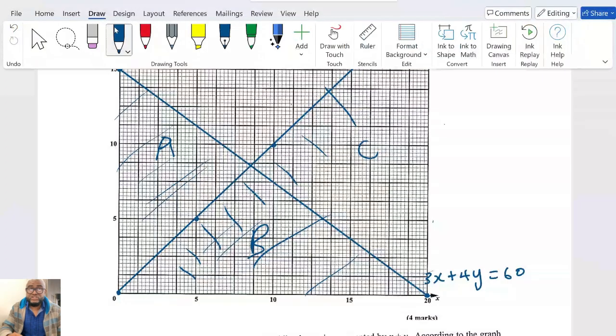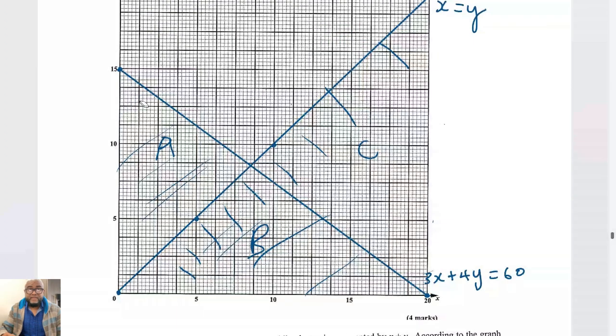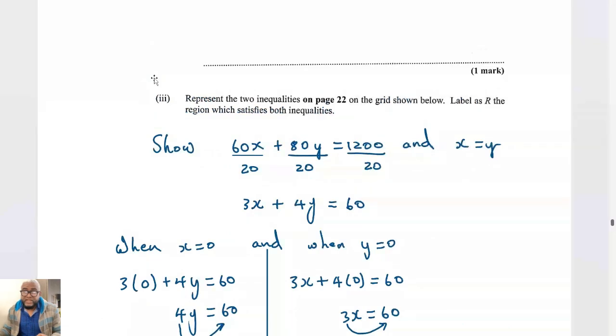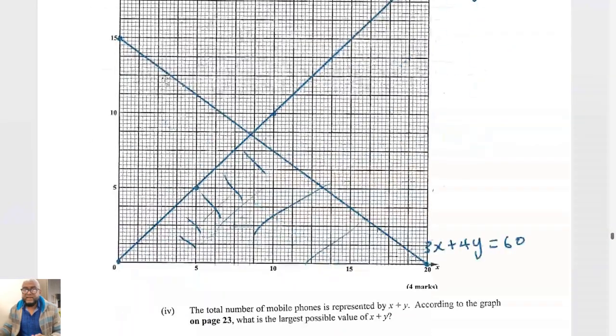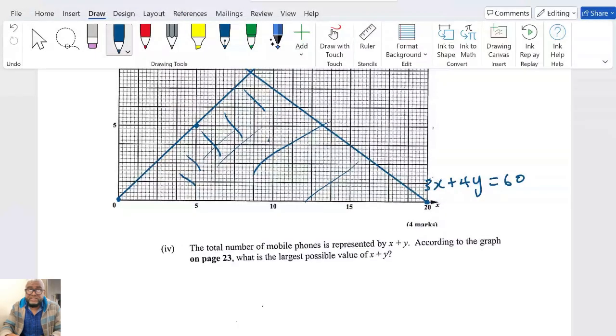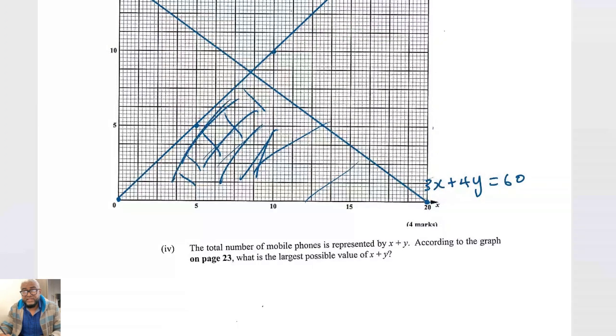I just did that to show you all. I also reason this because they said to call my region R. So the region that satisfies both inequalities would be this region here.